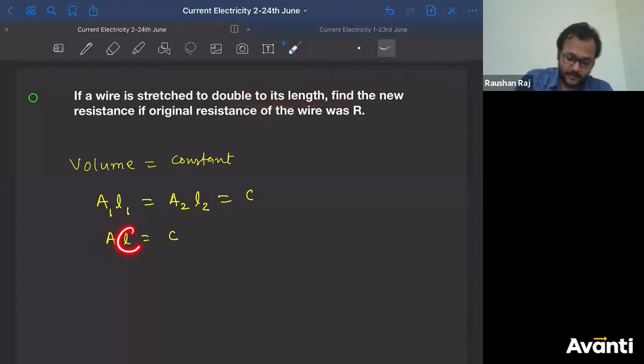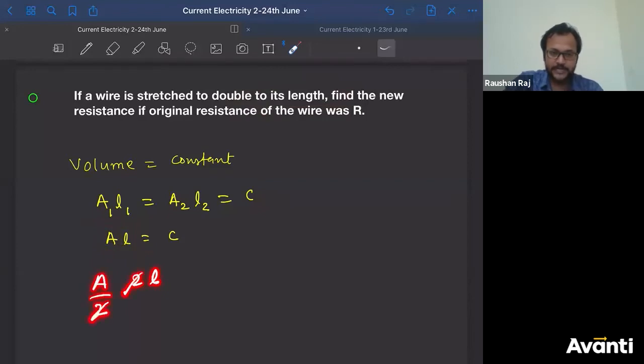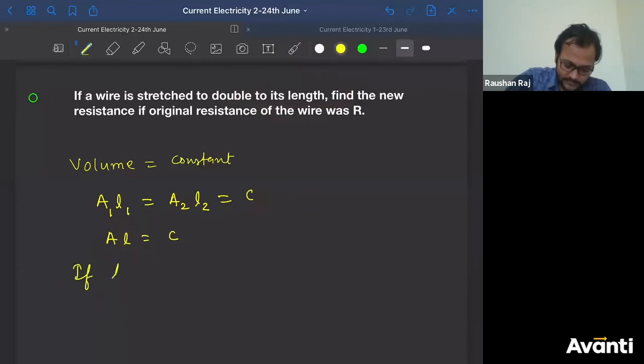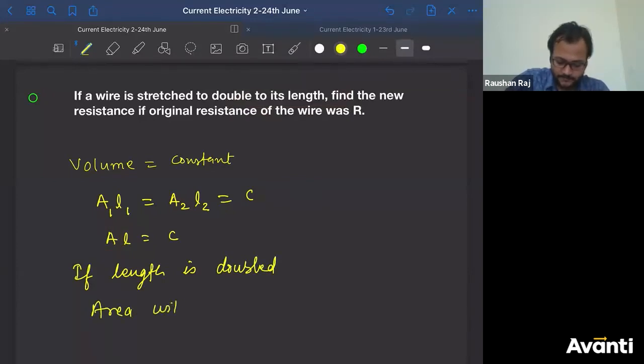Product of A into L should be same. So if length is 2L, A should be A by 2. Then only 2 and 2 get cancelled and AL will remain same. Right? So if length is doubled, area will become half.